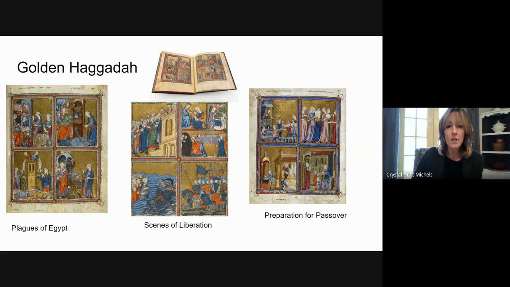Okay, the first page is the plagues of Egypt. The second is the scenes of liberation, and then the third page is the preparation for Passover. Being mindful that there's lots of other pages with lots of other stories and documentations, but these are the 3 that you need to be responsible for.